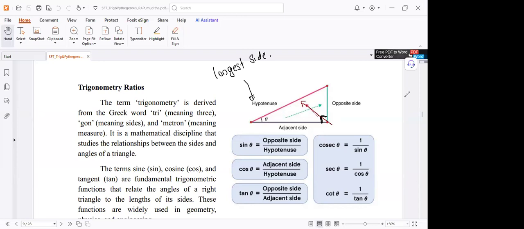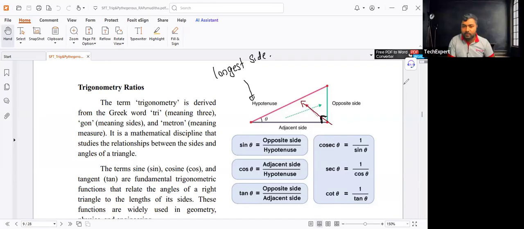Yes, sir. Okay. Then there is something called the opposite side. How can we choose the opposite side? If the selected angle is this one, the side opposite to this angle is known as the opposite side.